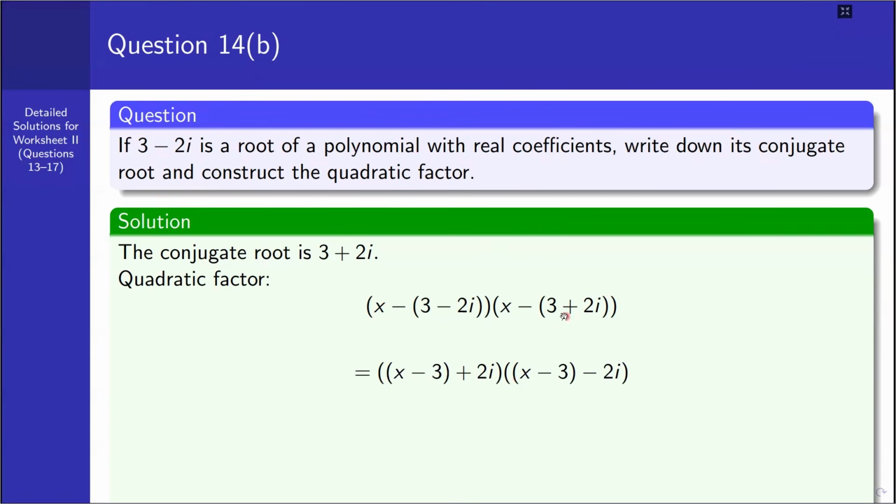This is just (x minus 3) squared plus 4, which can be further simplified as x squared minus 6x plus 9 plus 4, that's simply 13. x squared minus 6x plus 13 could be the possible quadratic factor of the given polynomial function when 3 plus 2i and 3 minus 2i are its possible roots.